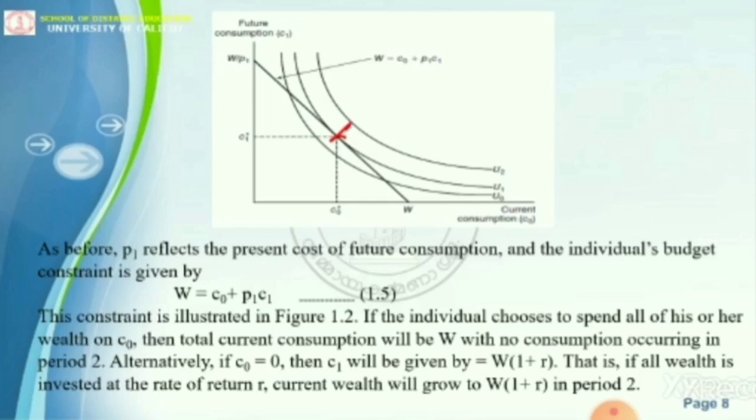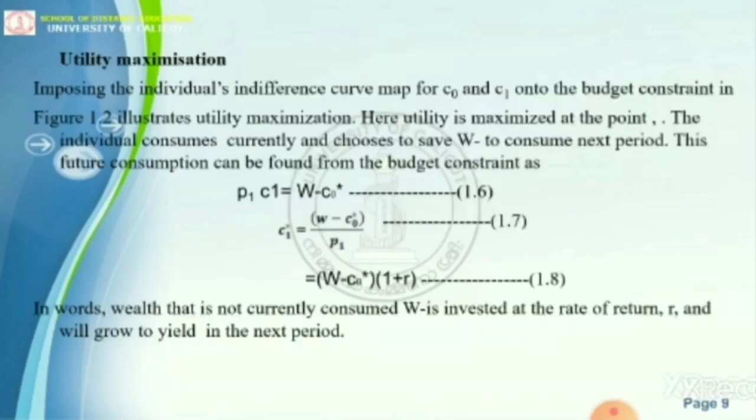What is 1 plus R? That means the future return getting from the savings of our capital now. For attaining that capital, what will we do? Yes, we are foregoing some amount of income, and we are foregoing our consumption, isn't it? That is, if all wealth is invested at the rate of return R, current wealth will grow to W(1 plus R) in period 2.